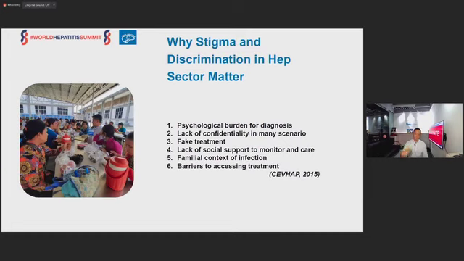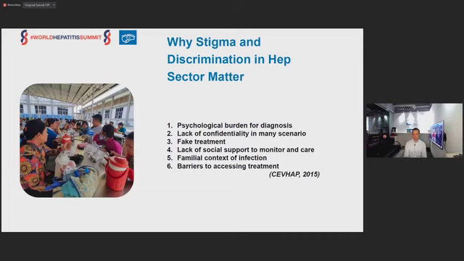Also, because there is no treatment for hepatitis B, people living with hepatitis will be buying so many fake drugs, because I dare not go to the hospital to consult with the doctor. So I'll use a lot of fake traditional Chinese medicine to try to improve my status.